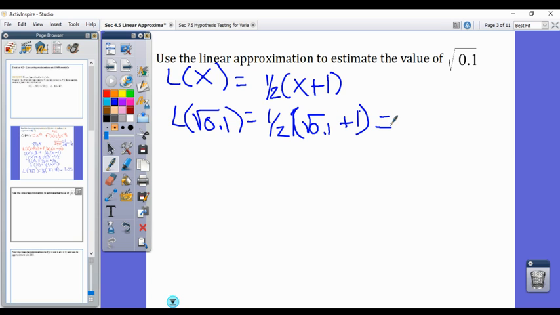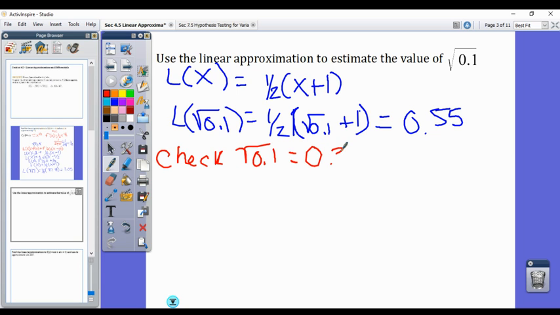All right, so when I do that, I am going to get 0.55. Okay, so we need to check. In this case, the square root of 0.01 is about 0.3162.